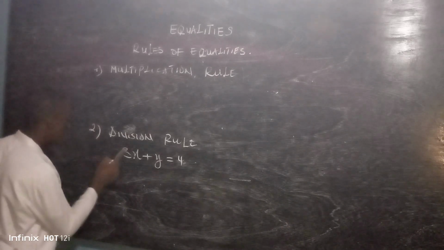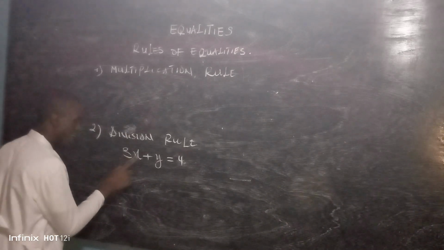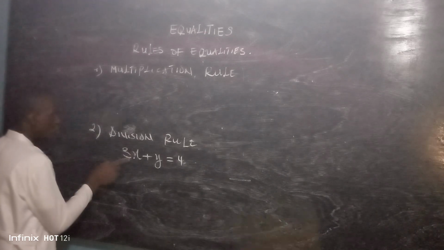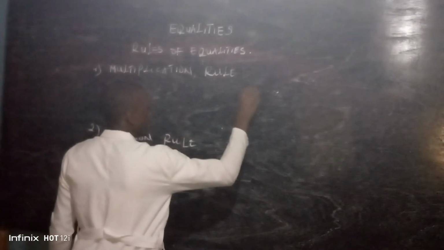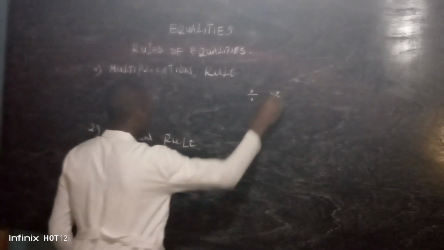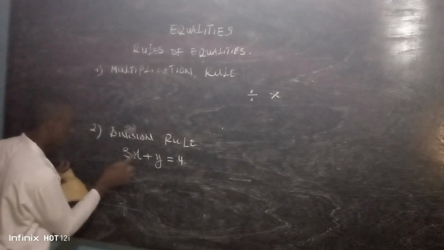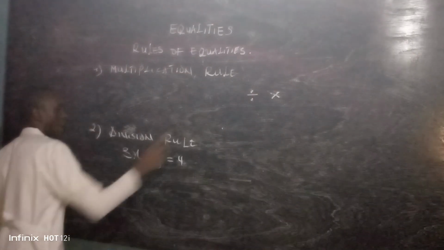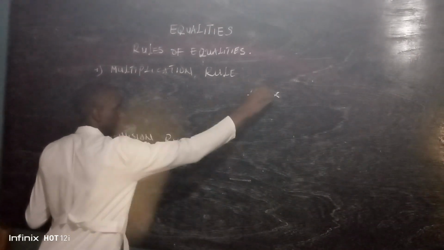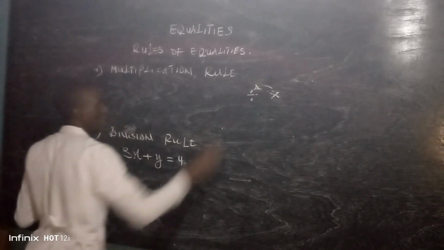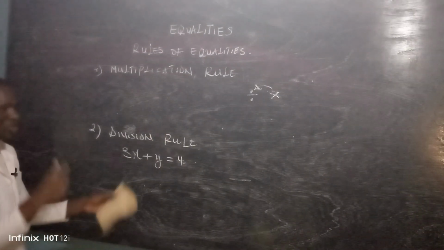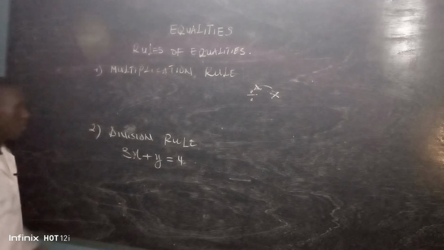This is what I'll do. Since 3 is attached to x, whenever I see division, I do multiplication, and when I see multiplication, I do division. Division and multiplication go in reverse to each other.